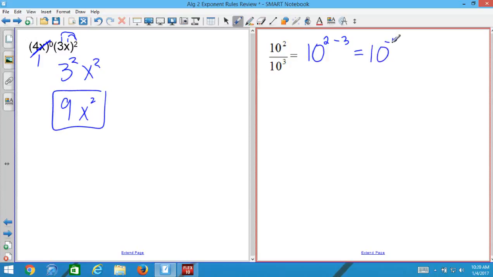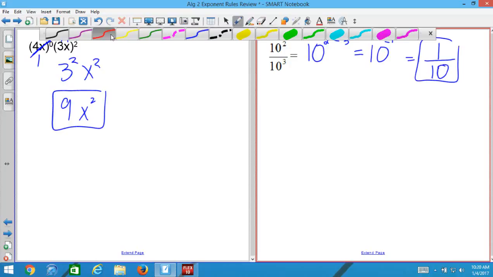Okay? So I get 10 to the negative 1. We don't like negatives. Let's make them positive. How do we make this positive? We reciprocate it. When we have a negative exponent, to get rid of it, we reciprocate it. So this will be 1 over 10 as our final answer.